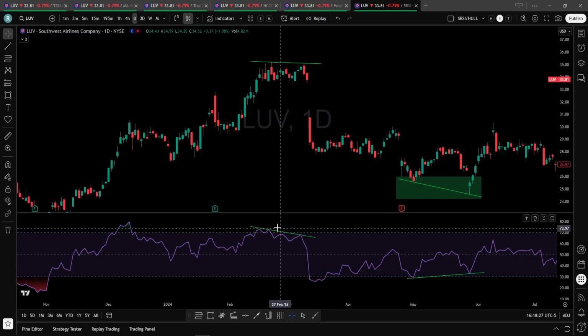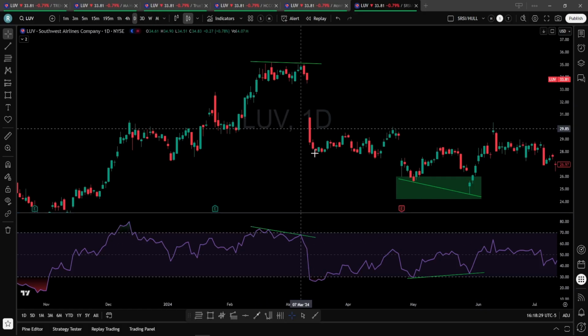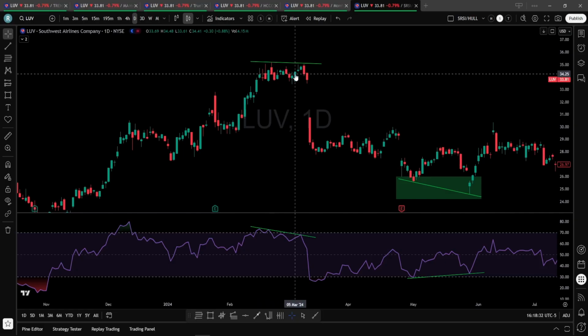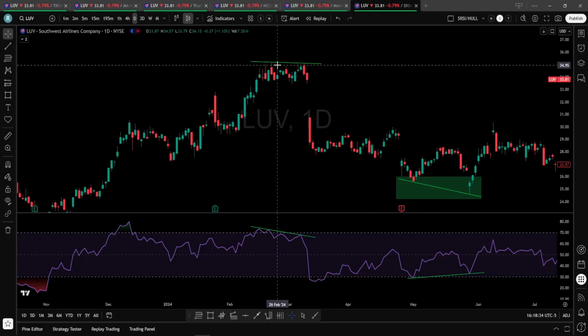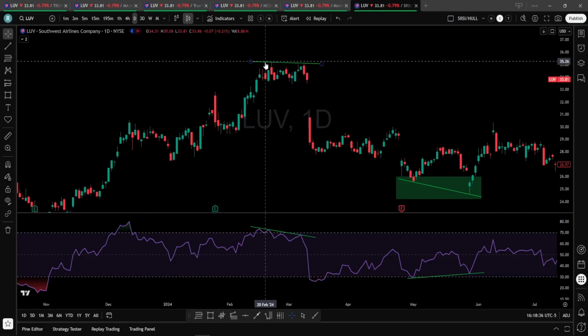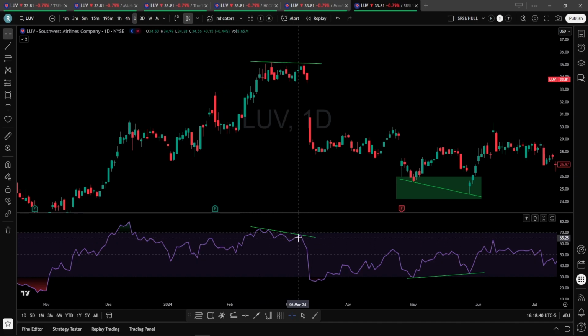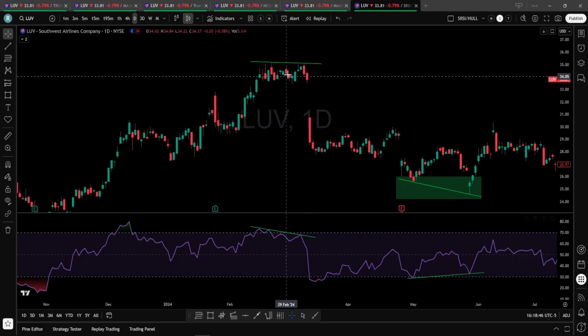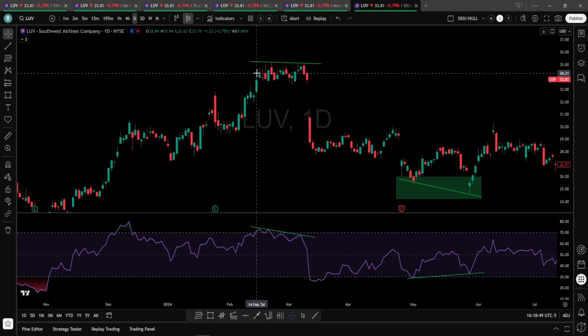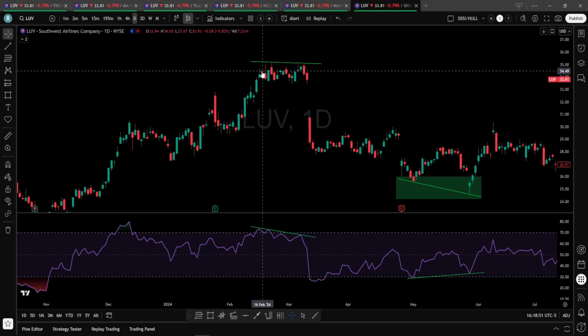But what you want to be mindful of is that this is hinting that you have a bearish momentum situation developing here. Because the RSI, which is a relative strength index, is telling us that the relative strength here is weaker than the relative strength here.